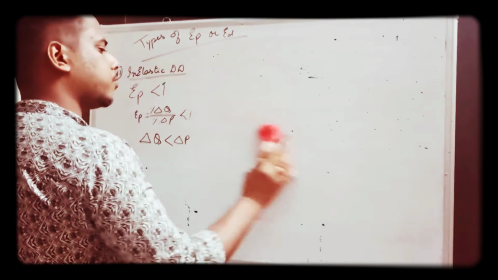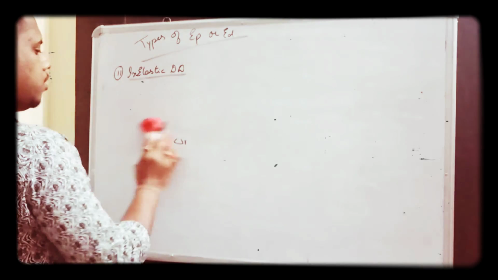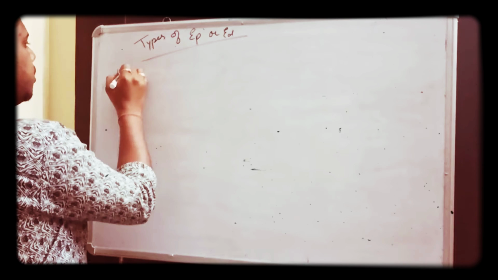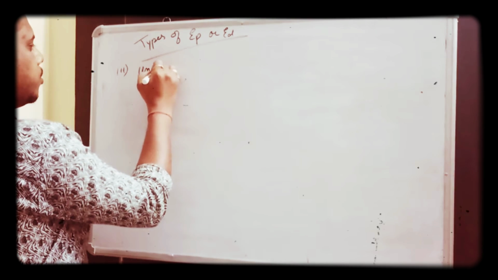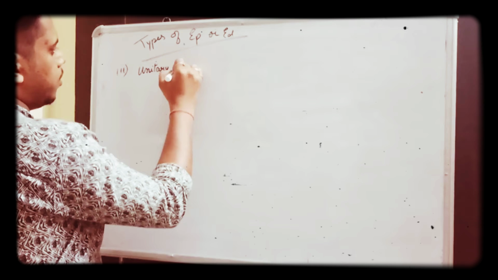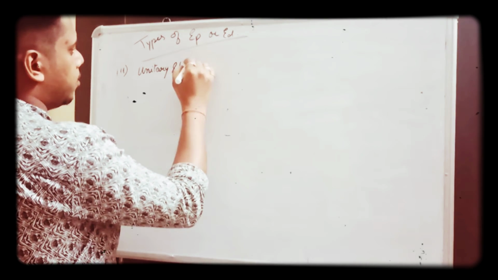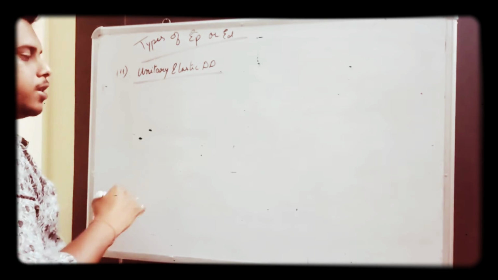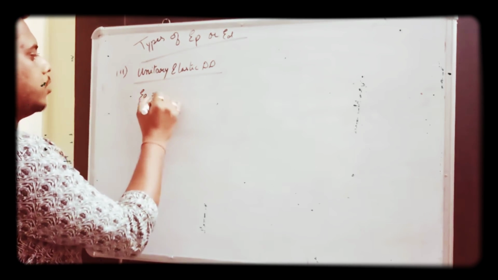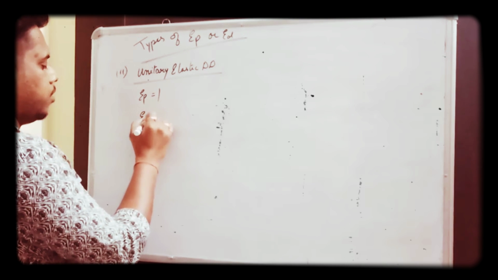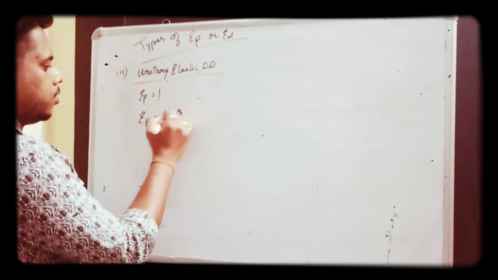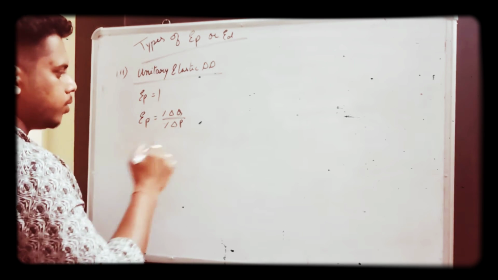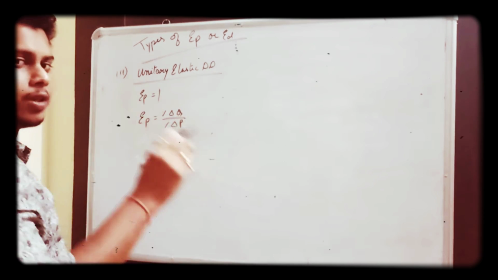Then let us move to a unitary elastic demand curve. The third type is unitary elastic demand. Now for unitary elastic demand, the value of EP equals 1, and going by the formula, if we want this ratio to be equal to 1, then the numerator and the denominator need to be the same.